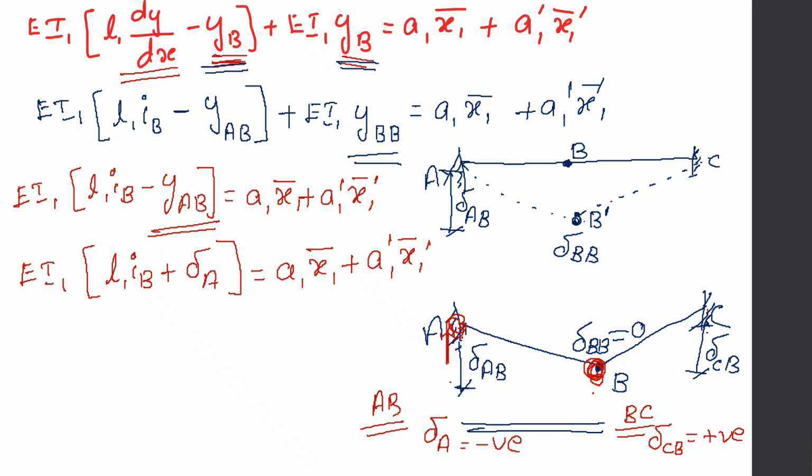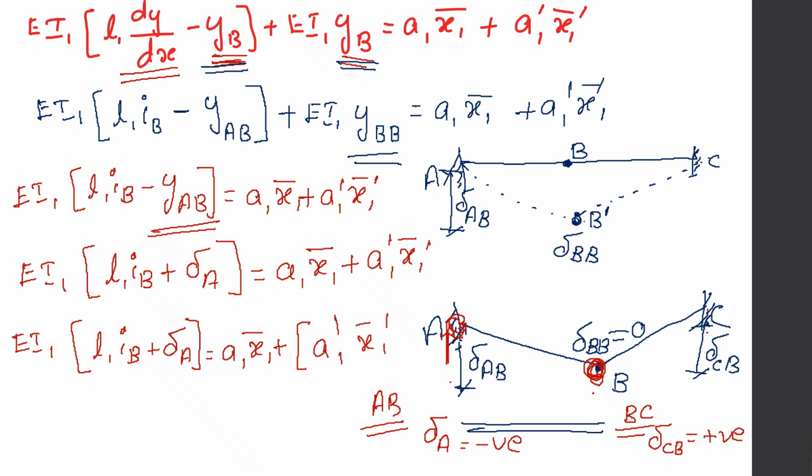Now, so this can be written as EI1 into L1 into IB plus delta A is equal to A1 x1 bar plus A1 dash x1 dash bar.